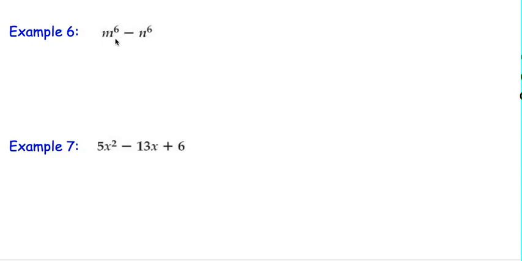And we want to start out by rewriting it as the difference, because it's minus, of 2 squares. So I'm first going to rewrite m to the 6th as m to the 3rd squared minus n to the 3rd squared.